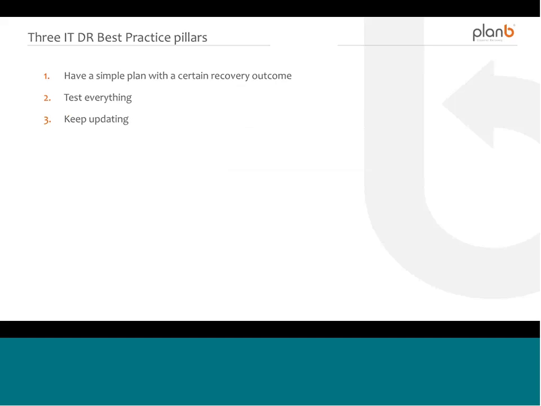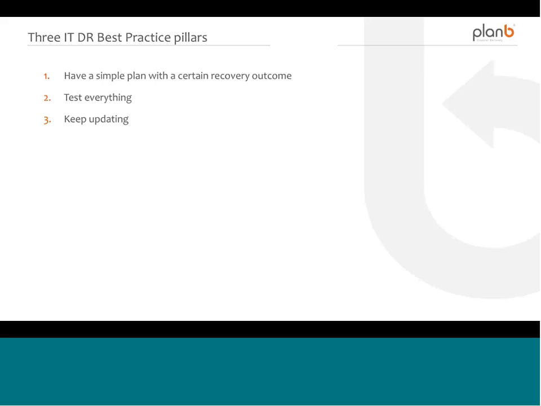Have a simple plan because if it's simple and it has certain recovery outcomes, then you're much more likely to be able to execute it well and successfully. Test everything as a way of controlling fundamentally, does that plan work? Test it at the beginning, test it periodically, and use testing as a fundamental control of are you meeting your risk requirements. And keep updating the plan.